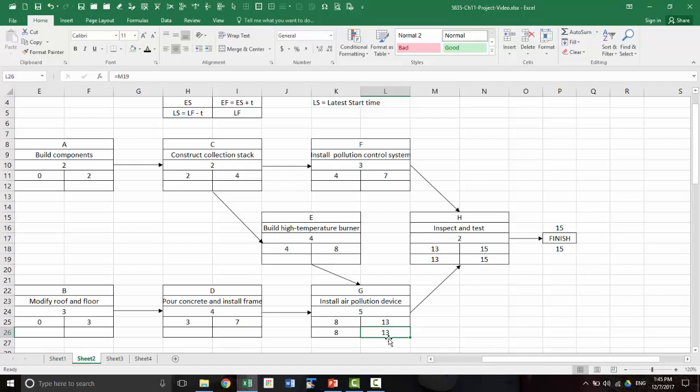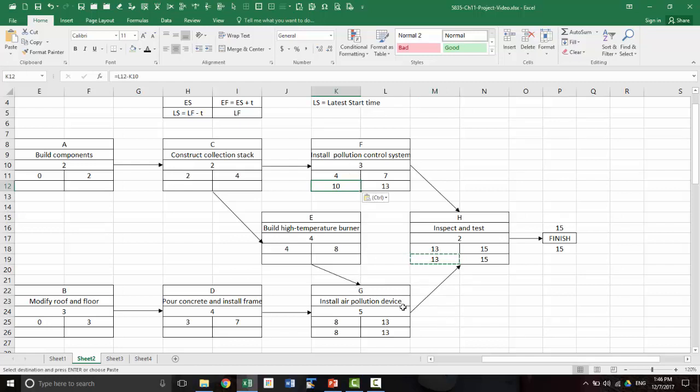So this is the latest time by which G has to finish, which means it has to start by 8. Same here, there is only one arrow going out, so the latest finish time is the latest start time for H. And for start time, we copy and paste that.